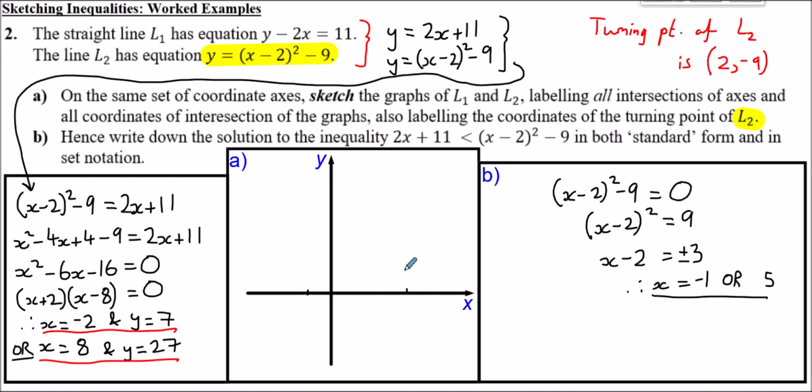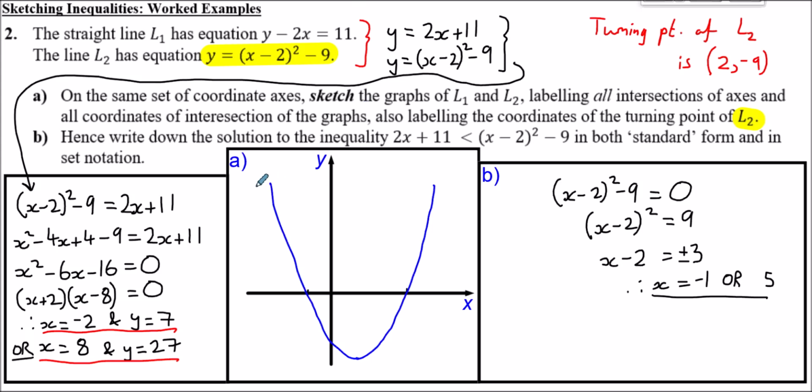So we need to sketch this as well, having a turning point at (2, −9). So for turning point, let's put it down here. Wish me luck as I sketch this, because as you can see now, my sketching is absolutely pants. Do one half there, and the other half like so.